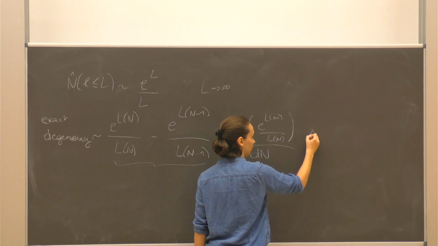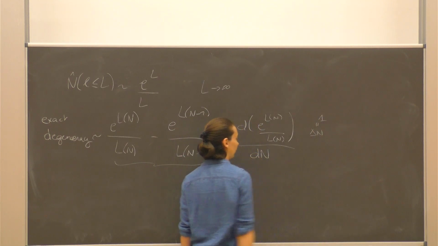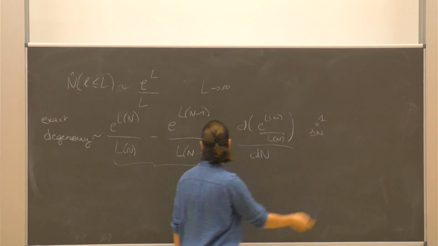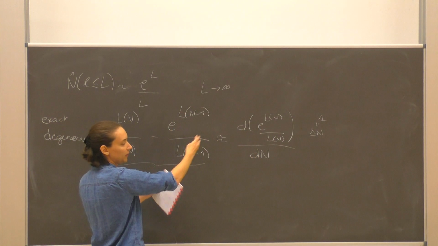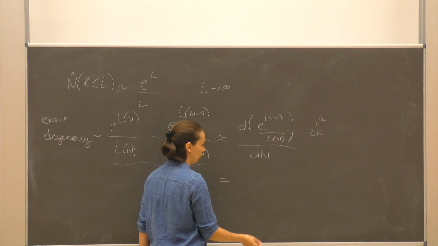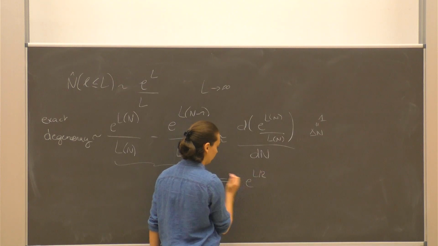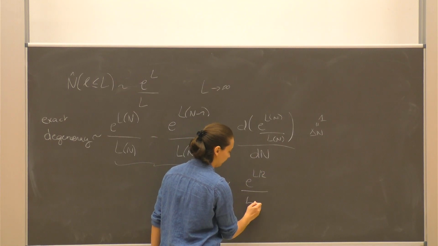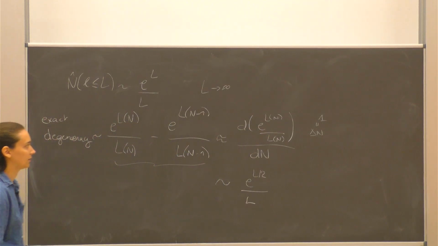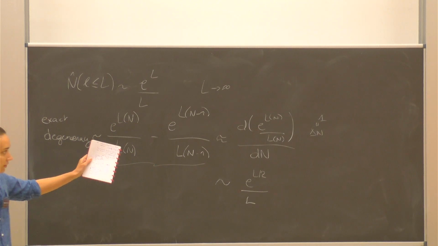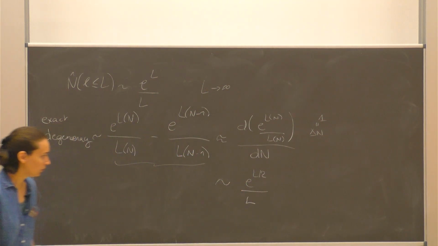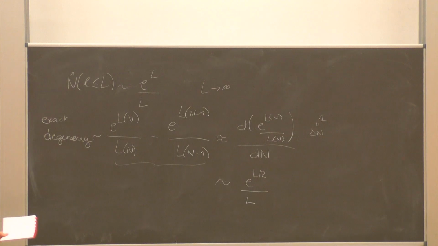And here we're considering a small step of 1 unit, so we're basically Taylor expanding one of the two. When you compute this, you find that it grows like this, depending on the value of n you're looking at. So you see that, just by the simple argument, this degeneracy grows exponentially with L, which will be a crucial fact.